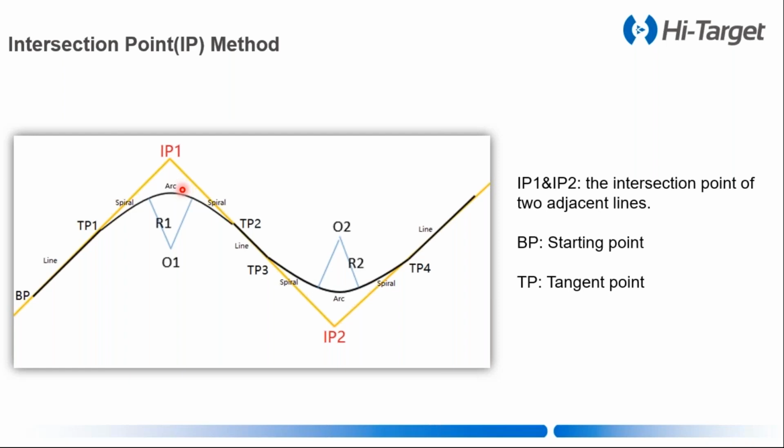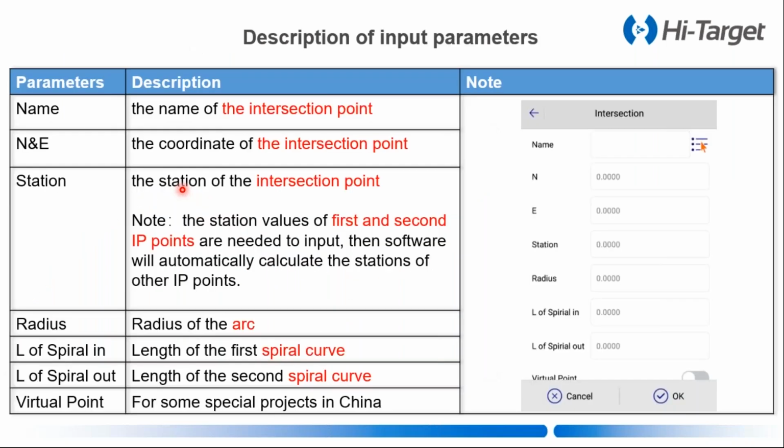Then let's see how to input the parameters. You can see this table. We just need to input the name of the intersection point and the coordinate, the station. Then we need to input the radius of the circular curve.